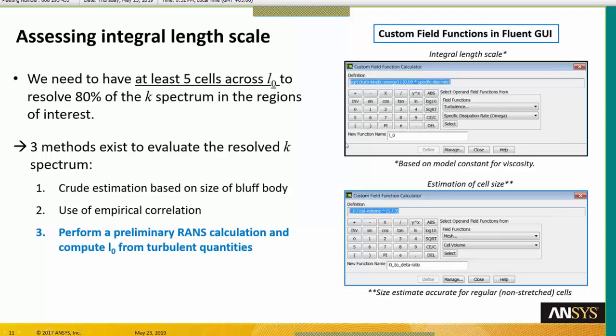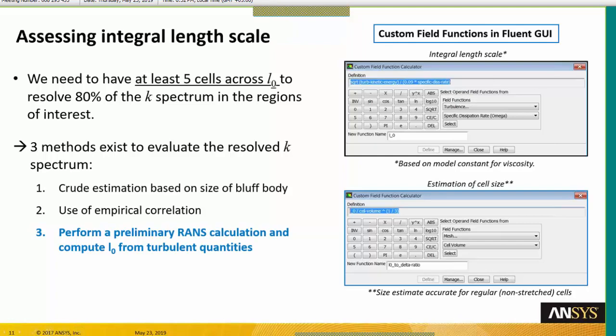For example, you have some GUI windows that represent some custom field functions calculated directly inside Fluent. Imagine you are doing your RANS calculation, you have converged it, and you have a field for all quantities, for example turbulent quantities. From these turbulent quantities, you are going to extract an approximation for the integral length scale.